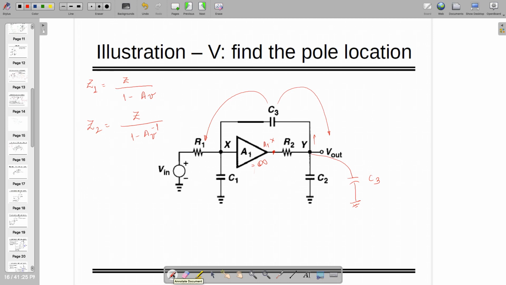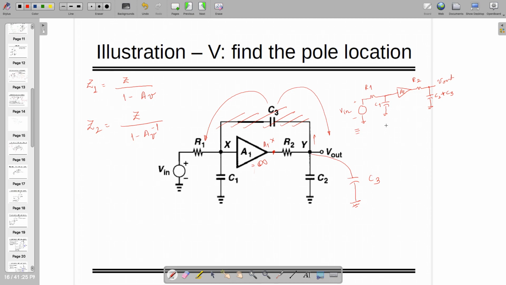So now the new circuit, after removing this, looks like this one. So this becomes C2 plus C3 because there are two capacitors in shunt. So this becomes C2 plus C3. So this is a new circuit.